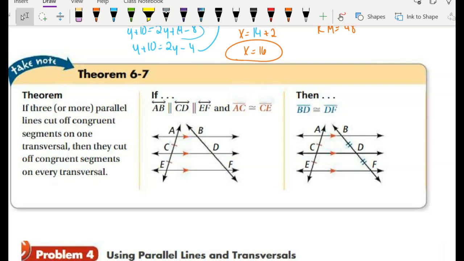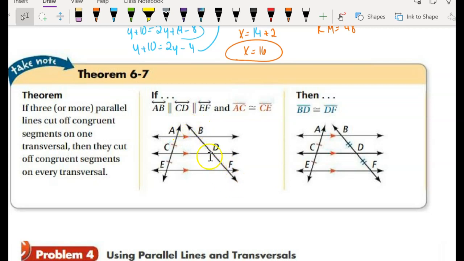Last one. If we have three or more parallel lines that cut off congruent segments of one transversal, so this parallel line and this parallel line, we see that they make congruent segments of AC and CE. I've got my little congruency marker. Then they cut congruent segments of all transversals.